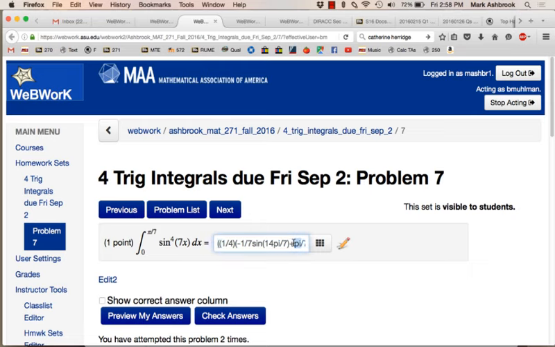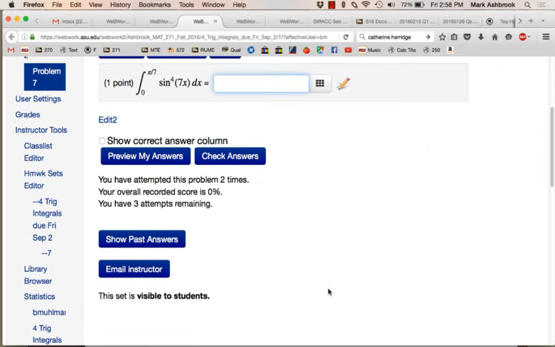And then the other one is this one. Sine to the fourth. Same kind of idea. Actually, no, it's a little bit different. So sine of 7x to the fourth power. Did anyone come up with a way to... You guys split them again initially and then use them.